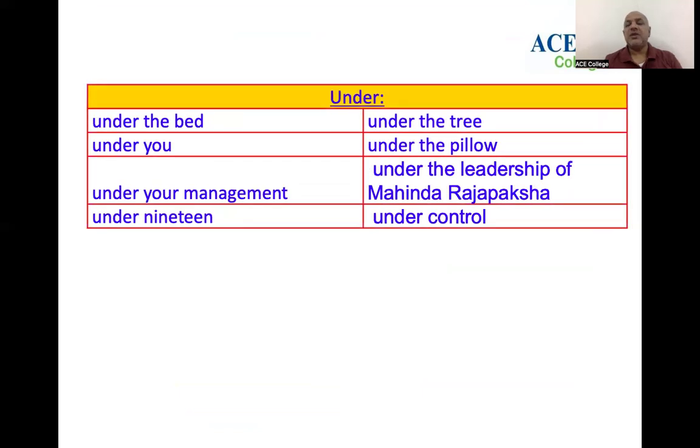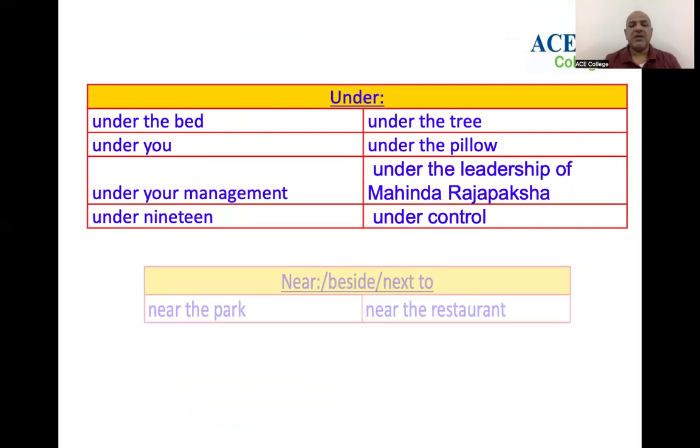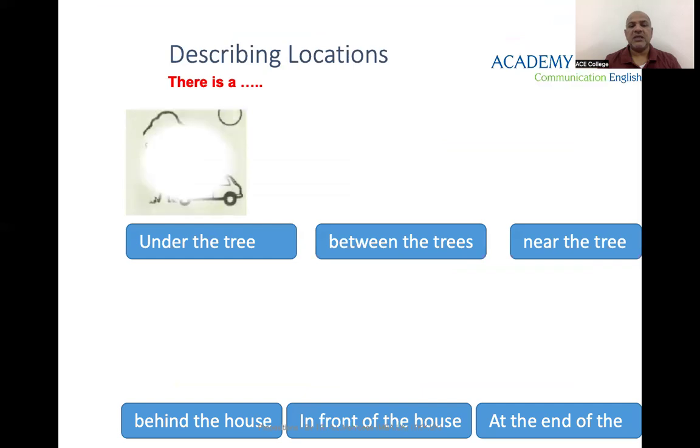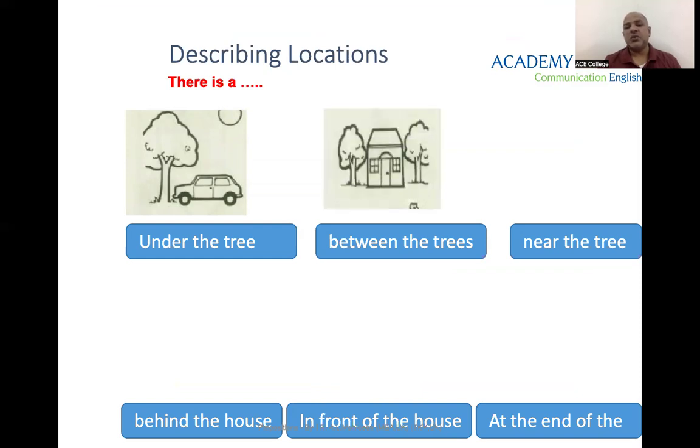Under, you're pointing the location. Under means something under, right? If you look at the picture, you can easily understand from this one. So under the tree. Now you can say there is a car under the tree. Now between these two, so between two trees, yeah, there's a house.